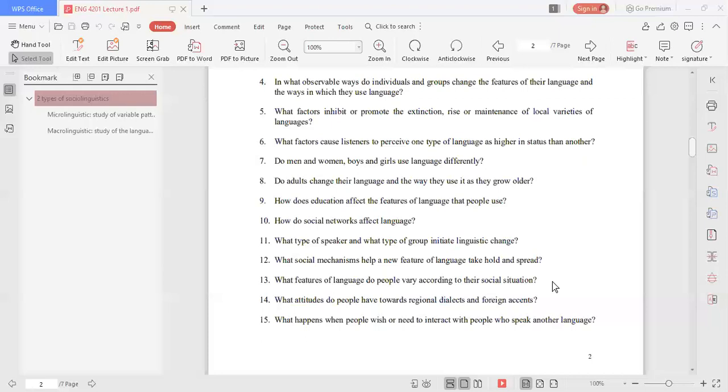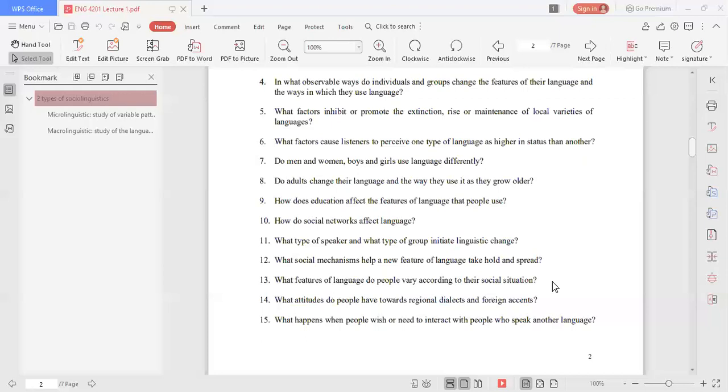What social mechanisms help a new feature of language take hold and spread? So they will also work on this: what social mechanisms actually help a new feature of language, how it influences language, and what are the mechanisms that will add some new feature to the language, or that will take hold.